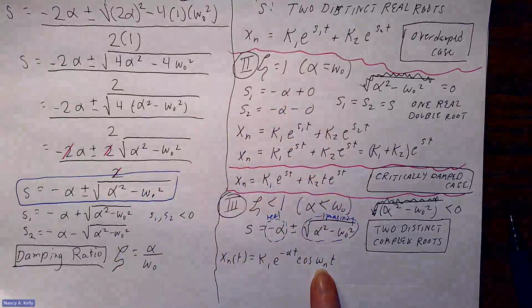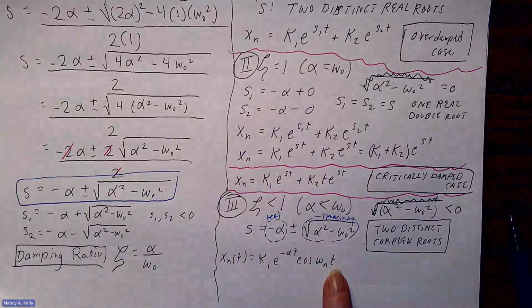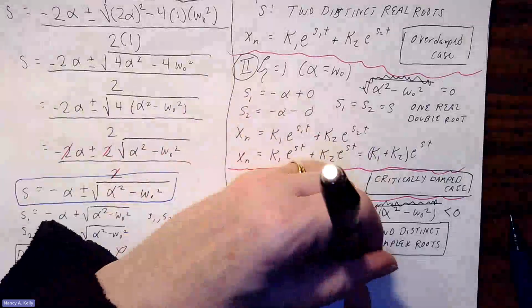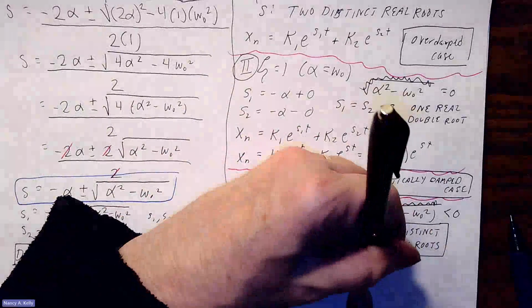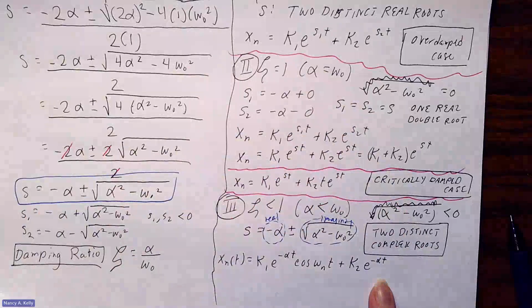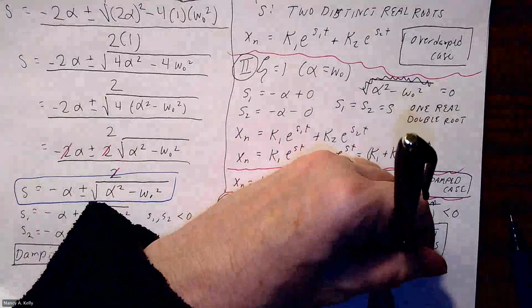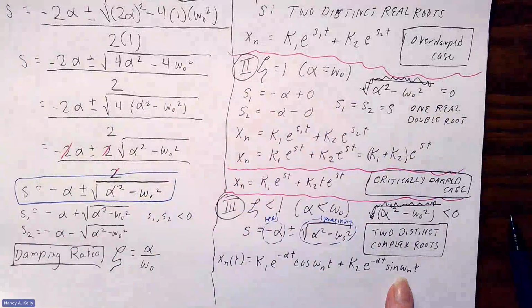I haven't defined yet what omega sub n is, but I will in a minute. And then here we have K sub 2 e to the minus alpha t sine omega sub n t.